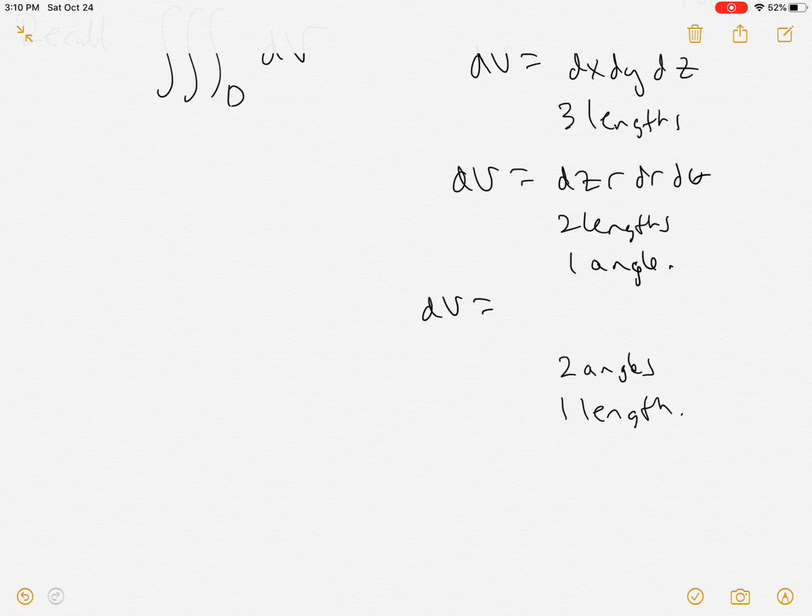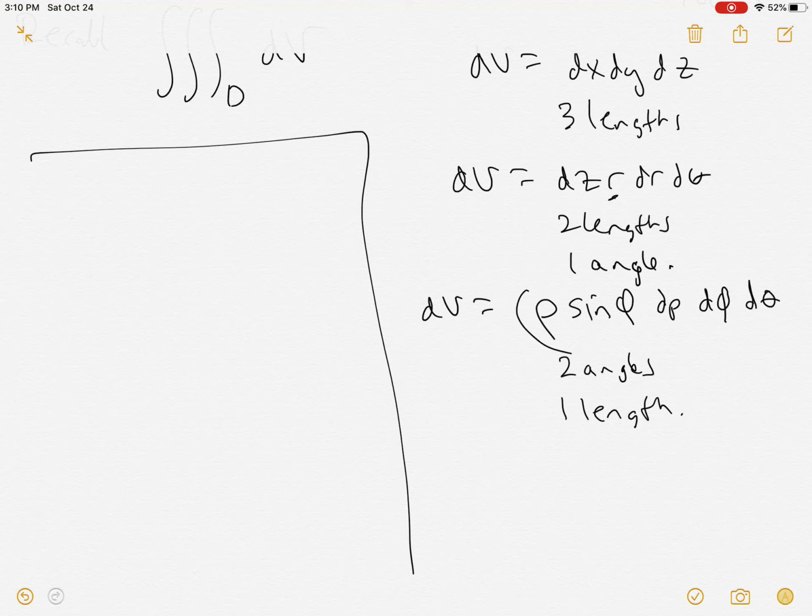It's rho sine of phi. That's the r in the other, so that's the r in this integral. It becomes rho sine of phi d rho d phi d theta.